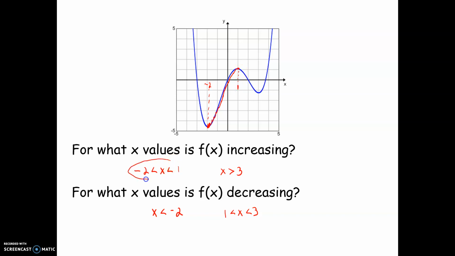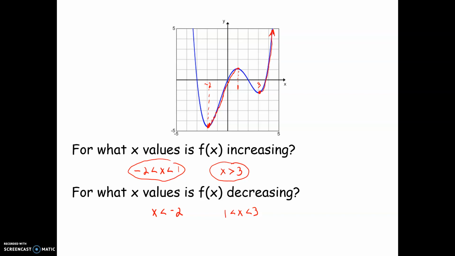So here's my first answer: x has to be greater than -2 but less than 1. There's another spot where it's increasing. It starts here at an x of 3 and continues to increase, and at the end there's really an arrowhead there. So that's an increasing function from 3 on. I say that's when x is greater than 3.